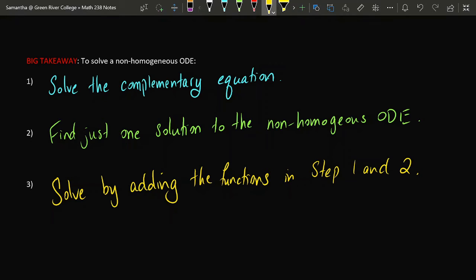This is all that you need to do to solve a non-homogeneous ODE. Solve the complementary equation, find one solution to the non-homogeneous ODE, combine them, and that describes all possible solutions to the non-homogeneous ODE.